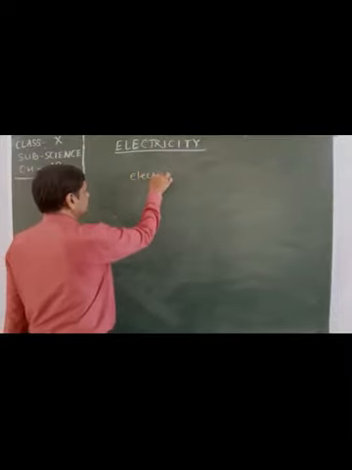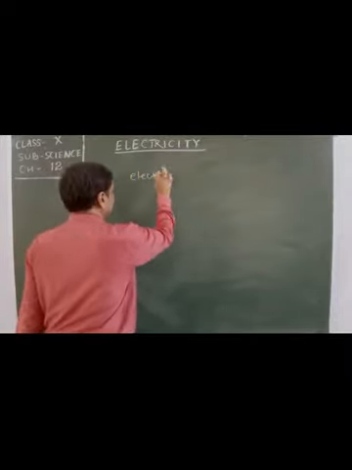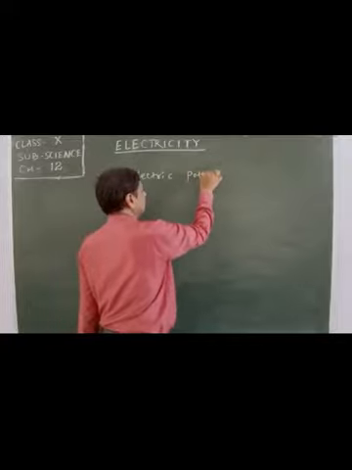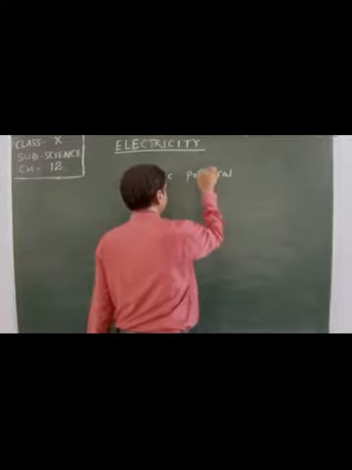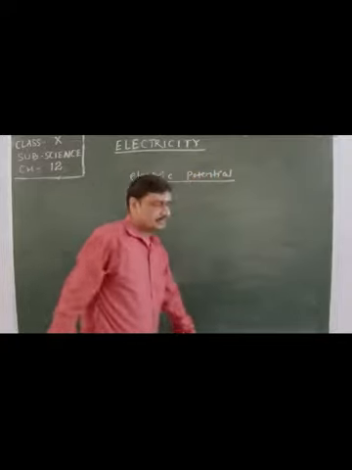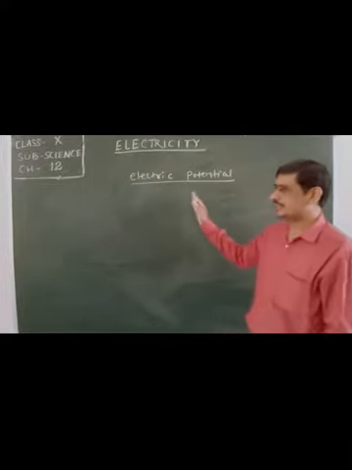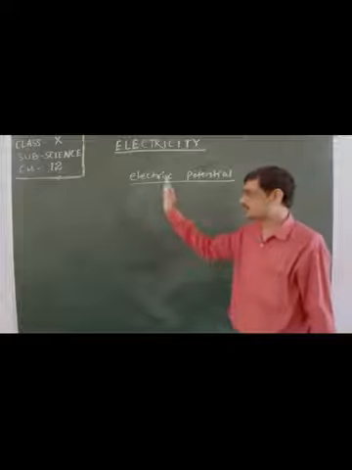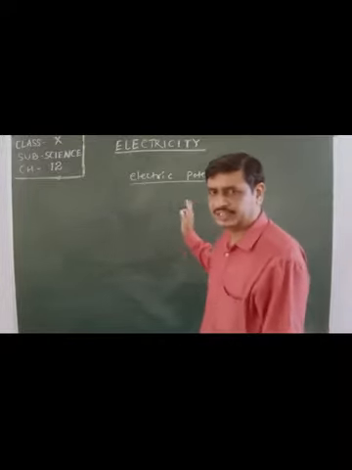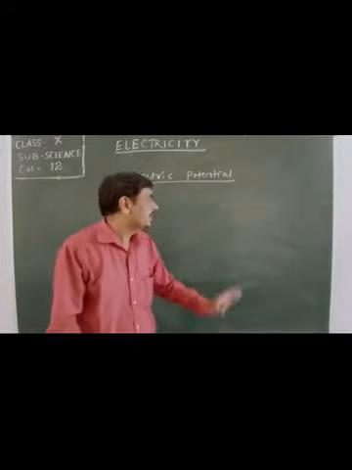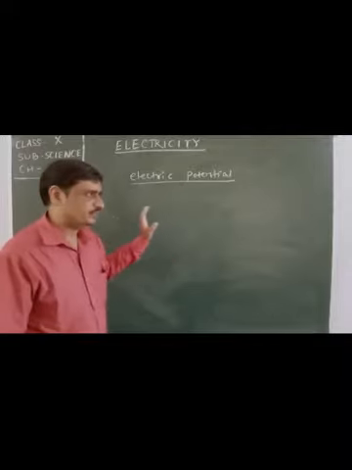Next, electric potential. The amount of work done to move one unit positive charge from infinity to a given point is said to be the electric potential of that point.